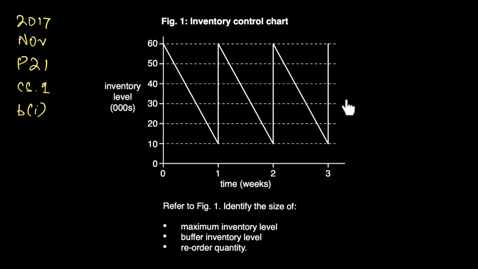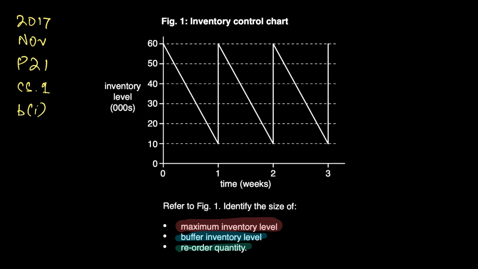This is a stock control or inventory control chart for that business. And we can see here that they're at level 60 here, and the stock chart is going up and down as we've seen previously. You're given time and inventory levels, and you're asked to calculate 3 things. Firstly, your maximum inventory level, then your buffer inventory level, and then finally reorder quantity.